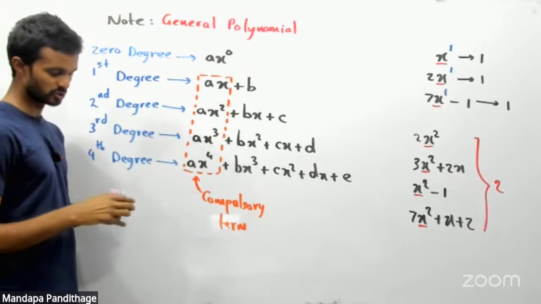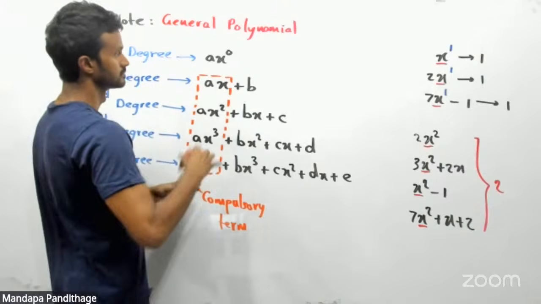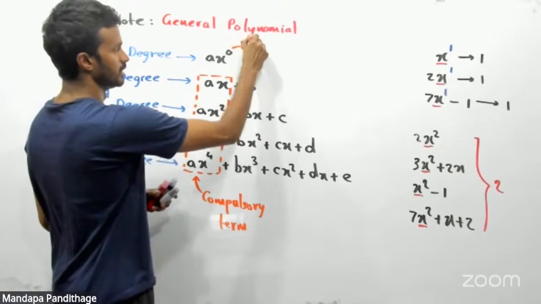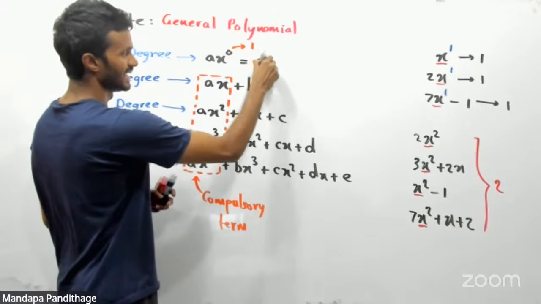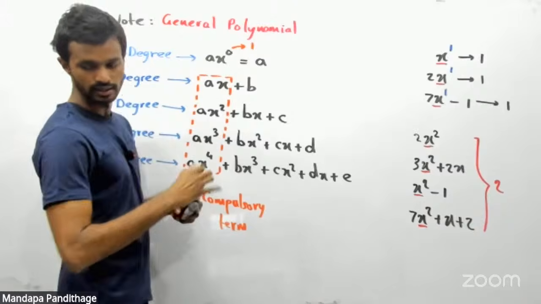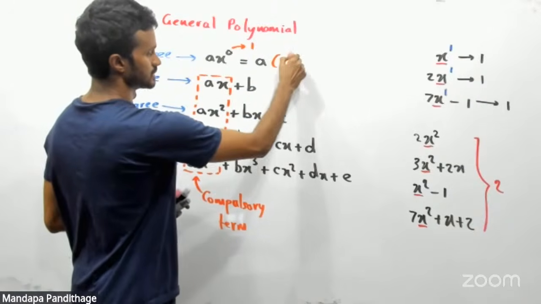But we know x to the power 0 is 1, which means we say a 0 degree polynomial is a constant. Okay, a 0 degree polynomial is a constant.